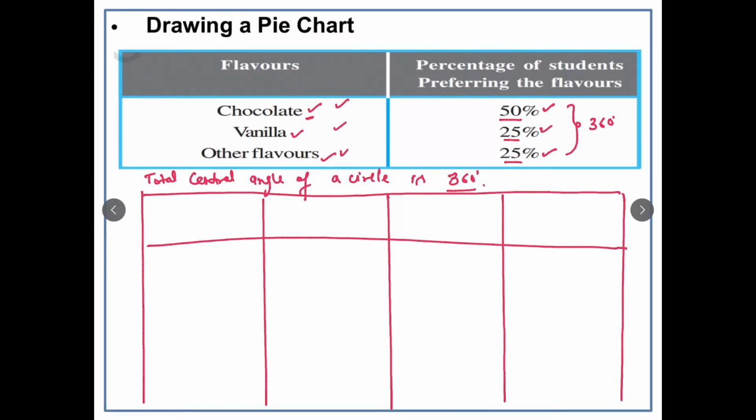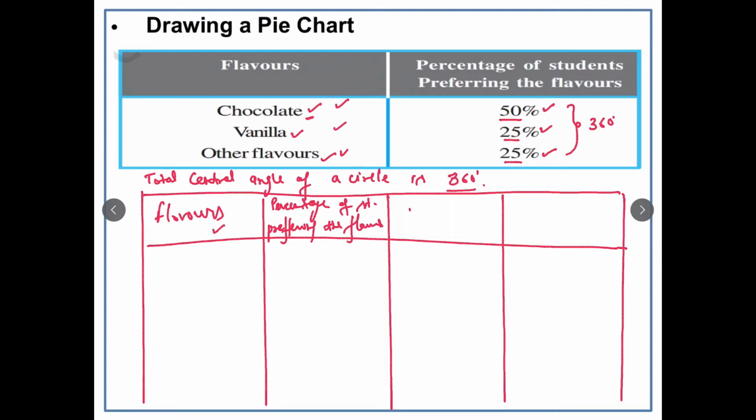Okay, so here first we have flavors as given in the table, then we have the percentage of students preferring the flavors. Next is the fraction.